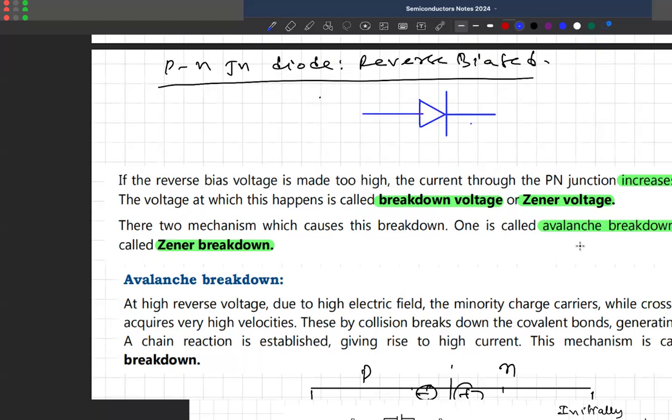This is how you will show the diode, and this is low voltage and this is high voltage. This is the identity of reverse biased condition.